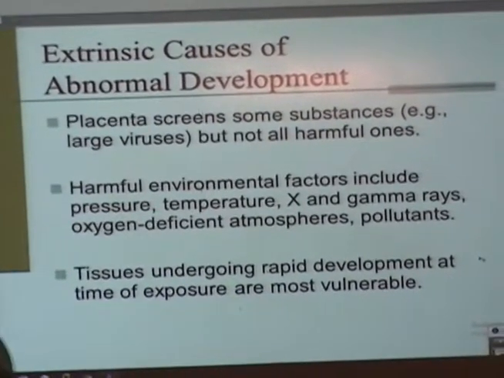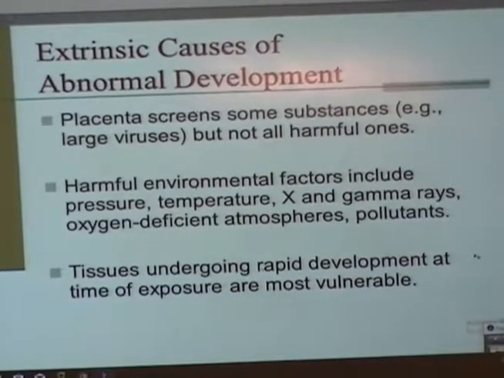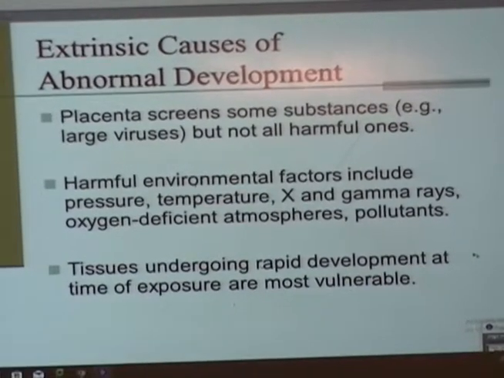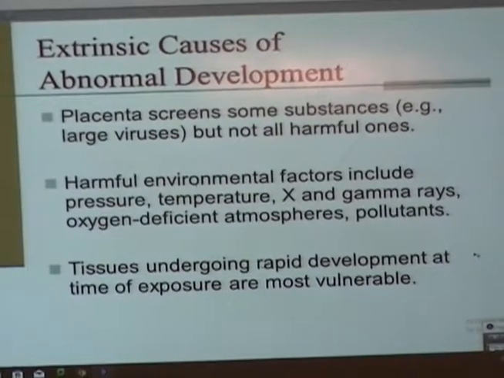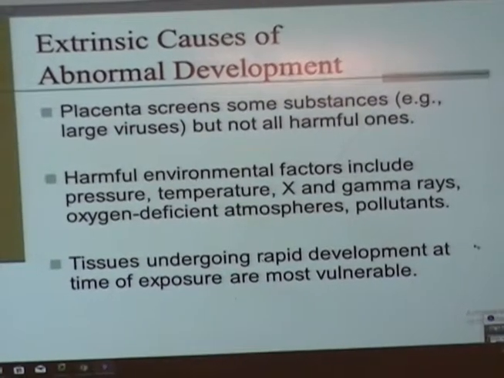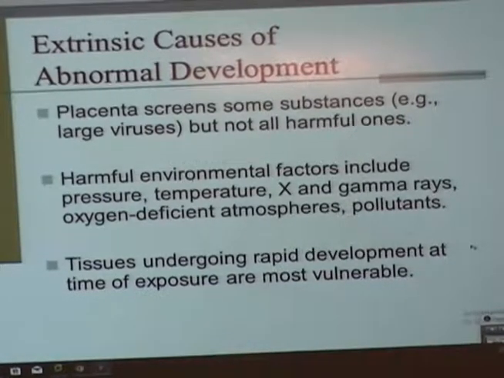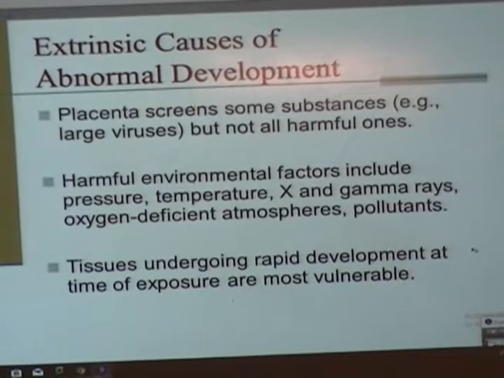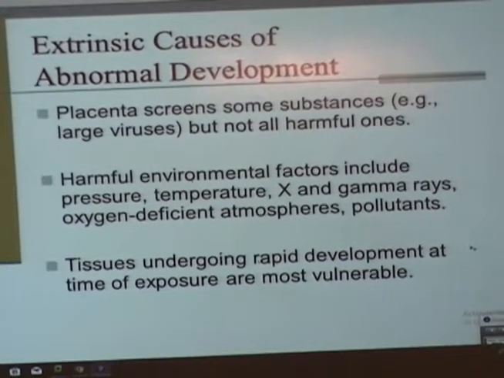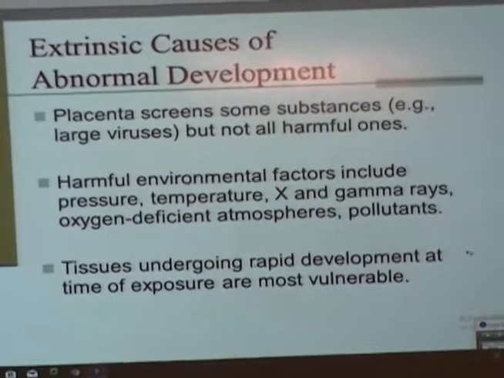So the job of the placenta, other than to act as the environment where the bloodstreams meet so oxygen and nutrition can reach the baby, is also to be a kind of checkpoint in the system. It acts like a screening mesh, and it screens many substances, particularly large viruses.